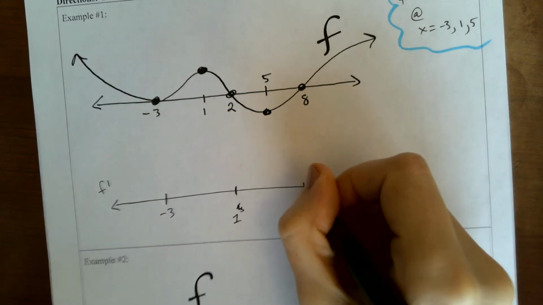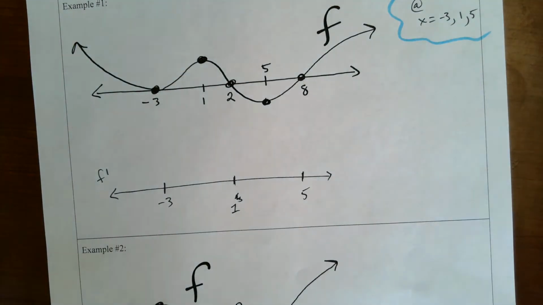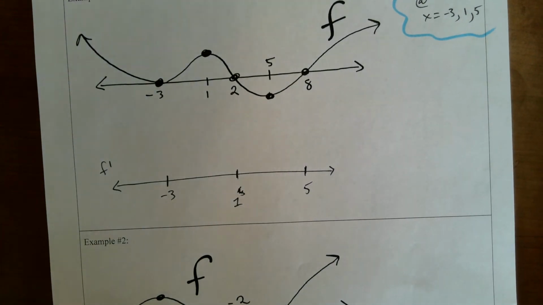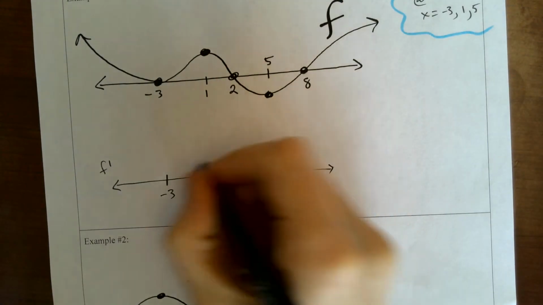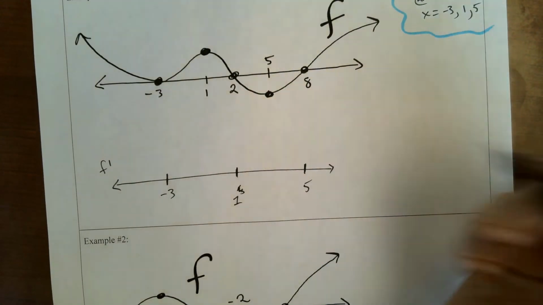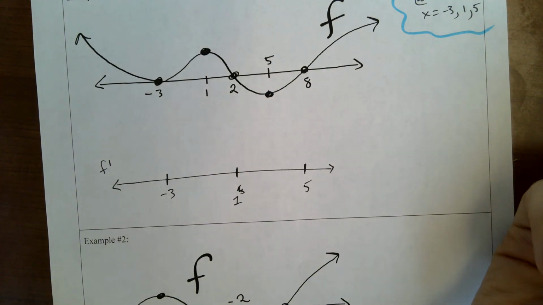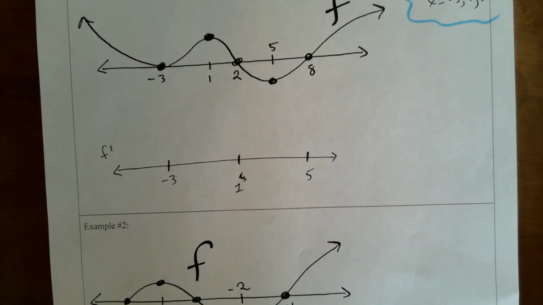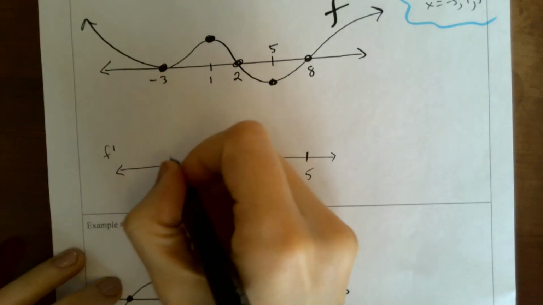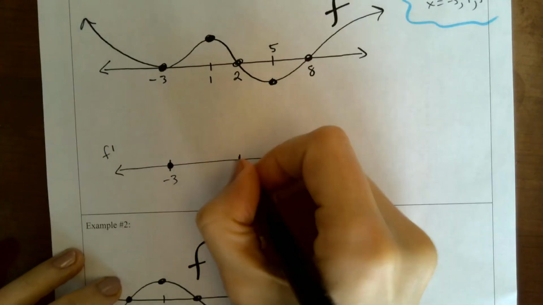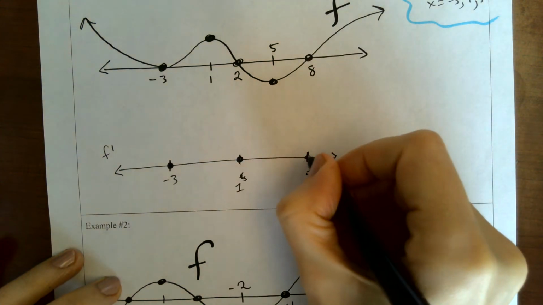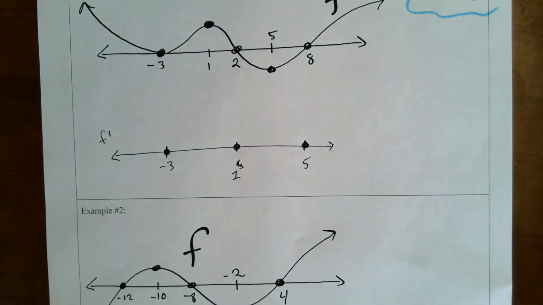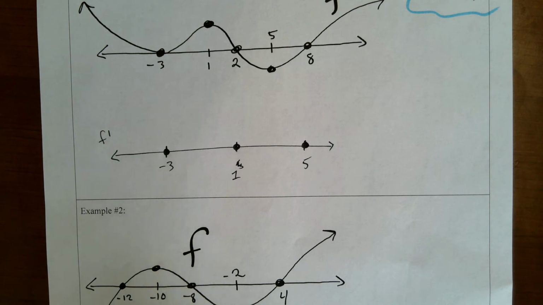Here's 1, and there's 5. And I'm going to put dots on those. Okay, so I have found where f prime is 0.